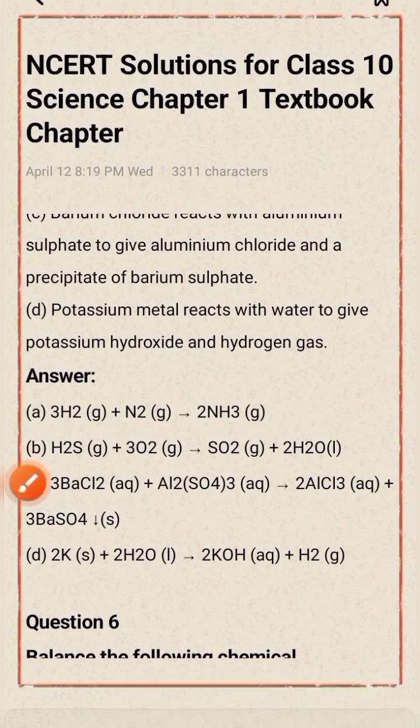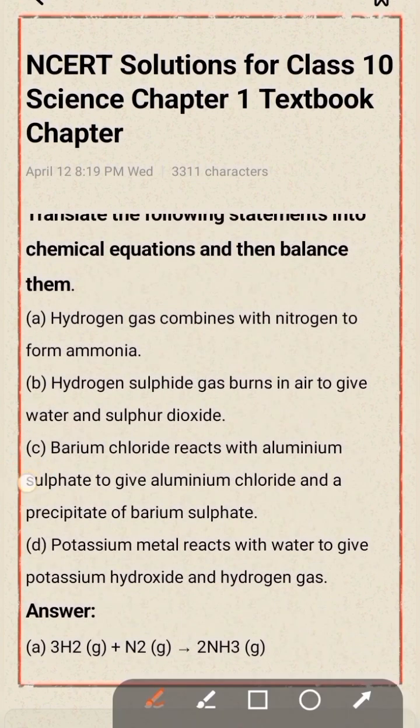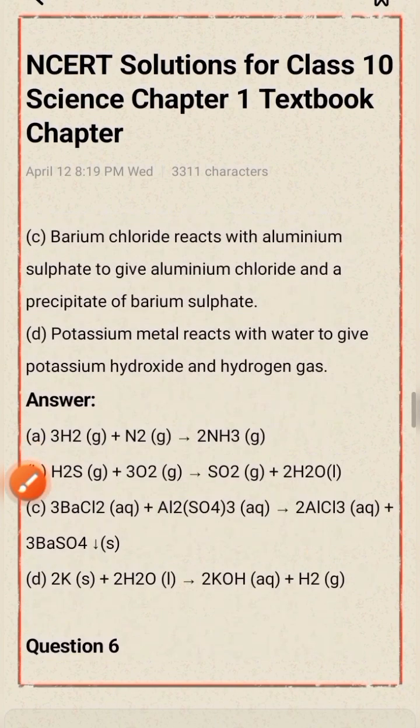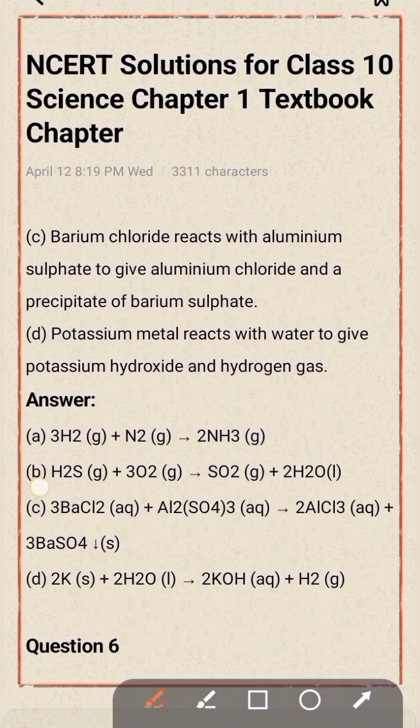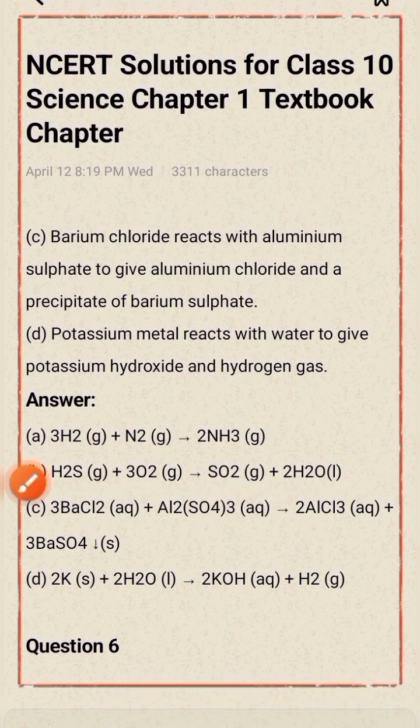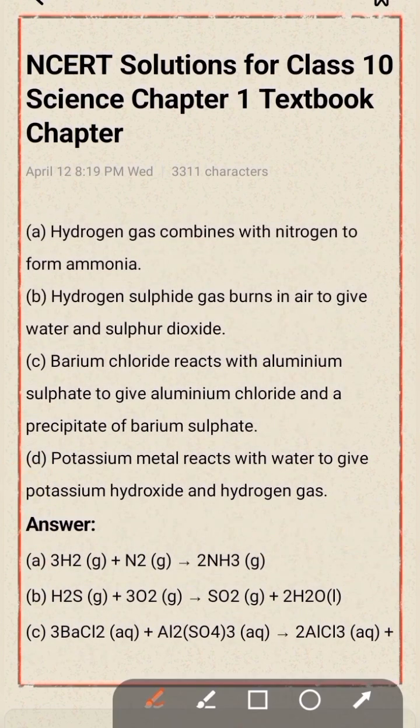Number B, hydrogen sulfide gas burned in air to give water and sulfur dioxide. The chemical equation may be presented as 2H2S hydrogen sulfide gas plus 3O2 oxygen gas form 2SO2 sulfur dioxide plus 2H2O liquid. Clear? Next, C.